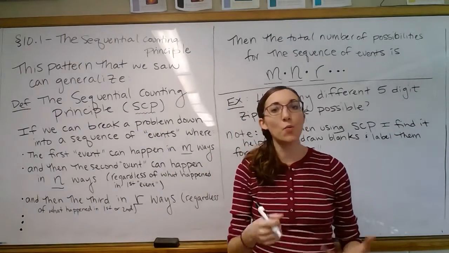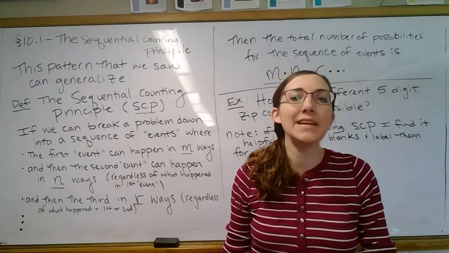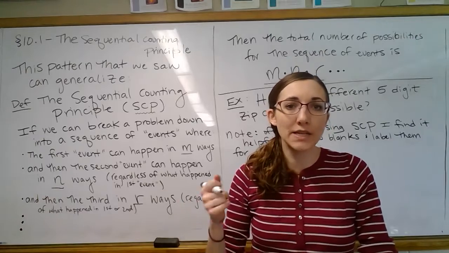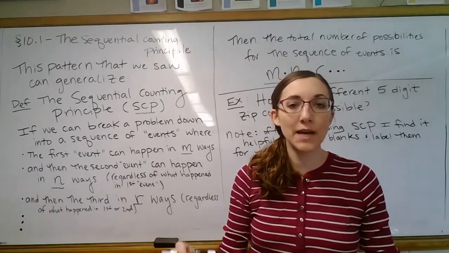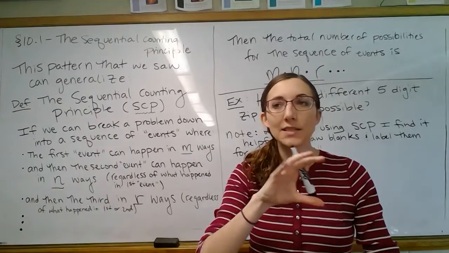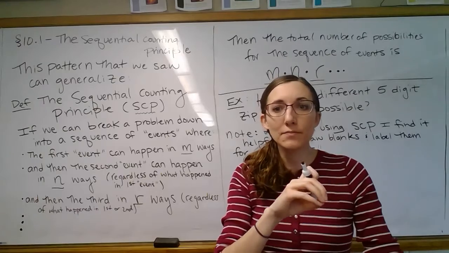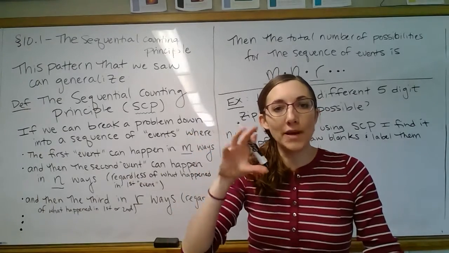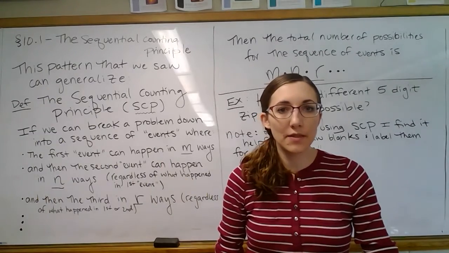So on a lot of written work, you might notice that I use that abbreviation SCP to stand for sequential counting principle. So that's the big picture of it, right? We're breaking the problem down into a sequence of things, there's multiple things happening in the problem, and we can figure out how many ways each of the things happens, and then multiply all of those numbers together.